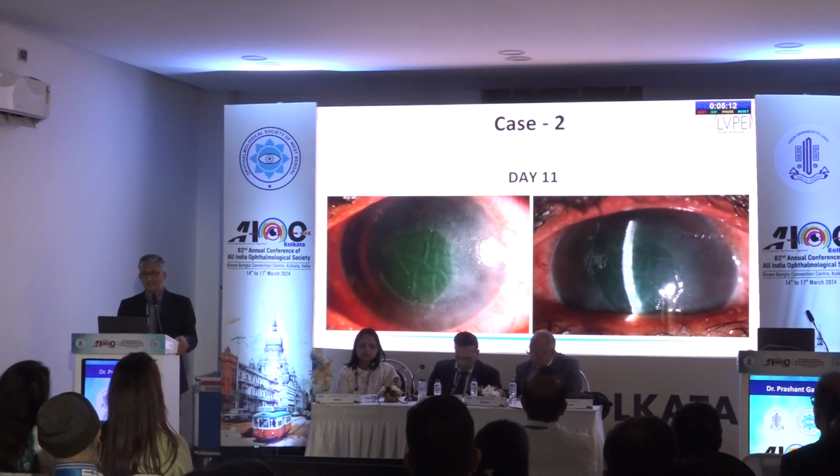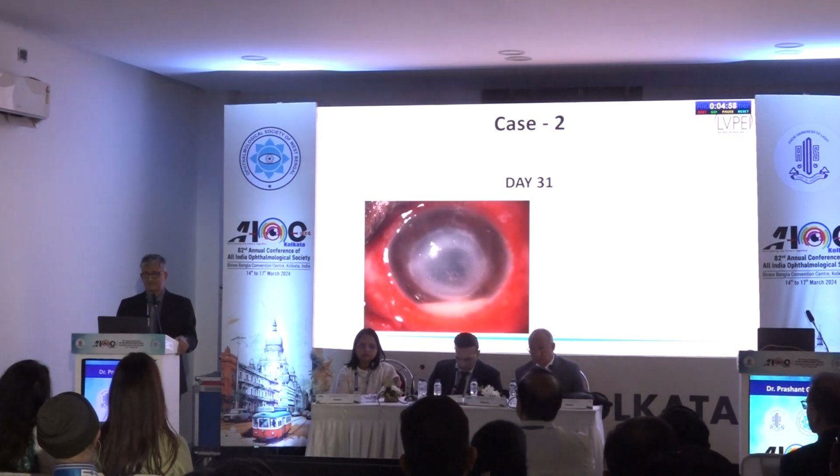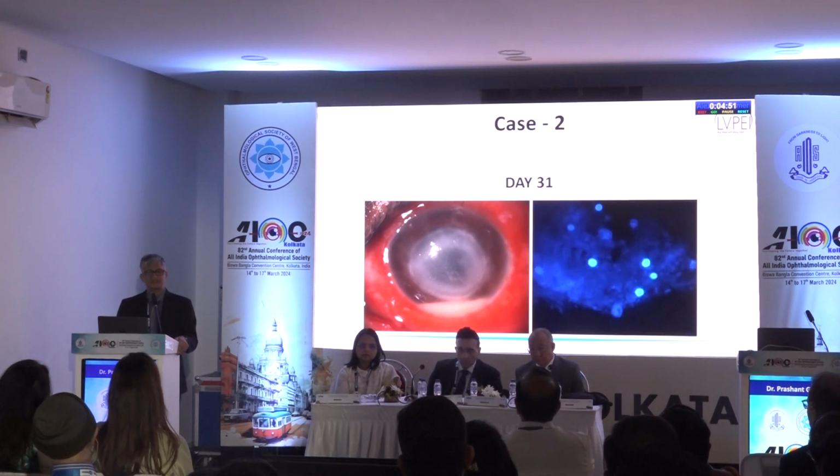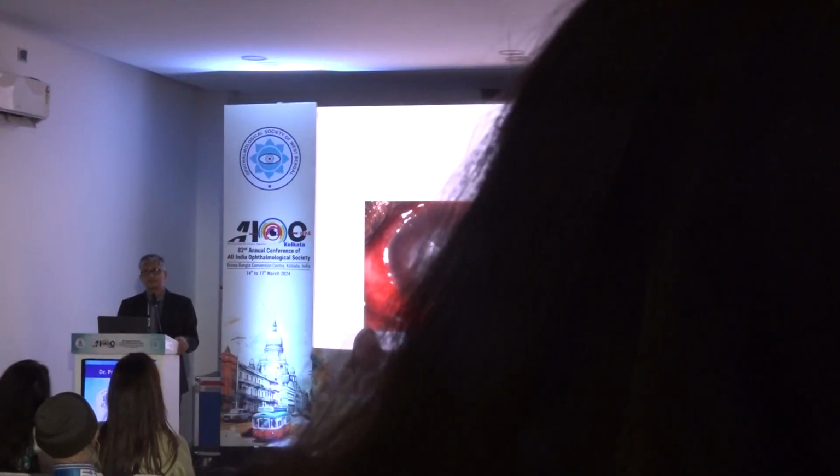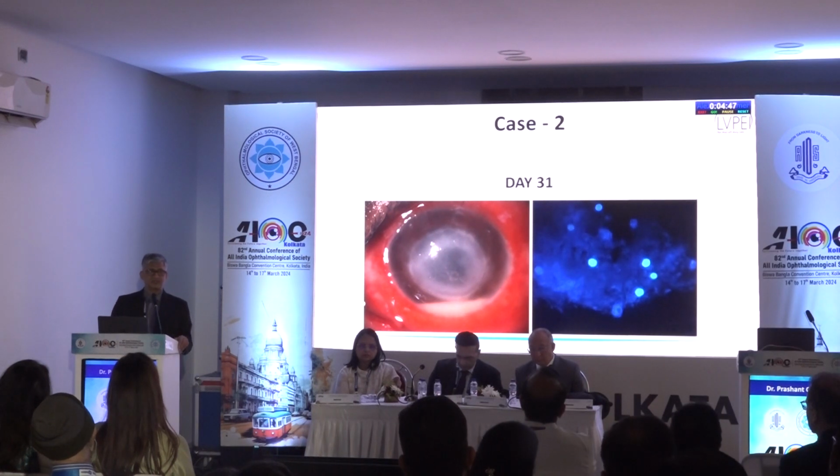But on day 11, we noticed that while the edema was subsiding, the patient developed a large epithelial defect. We didn't pay attention to that, and continued the patient on corticosteroid with prophylactic antiviral treatment. On day 31, the patient turned out to have a frank ring infiltrate, which on corneal scraping showed multiple acanthamoeba cysts.